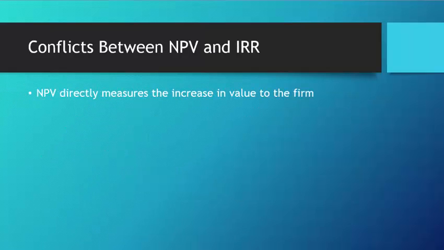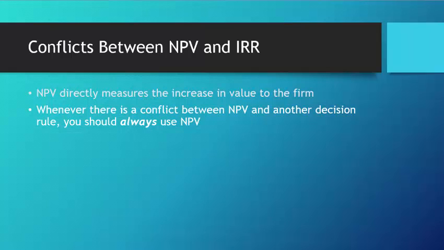If there are conflicts in ranking between net present value and IRR, NPV directly measures the increase in value to the firm and therefore should be used. Whenever there is a conflict between net present value and another decision rule, you should always use net present value.